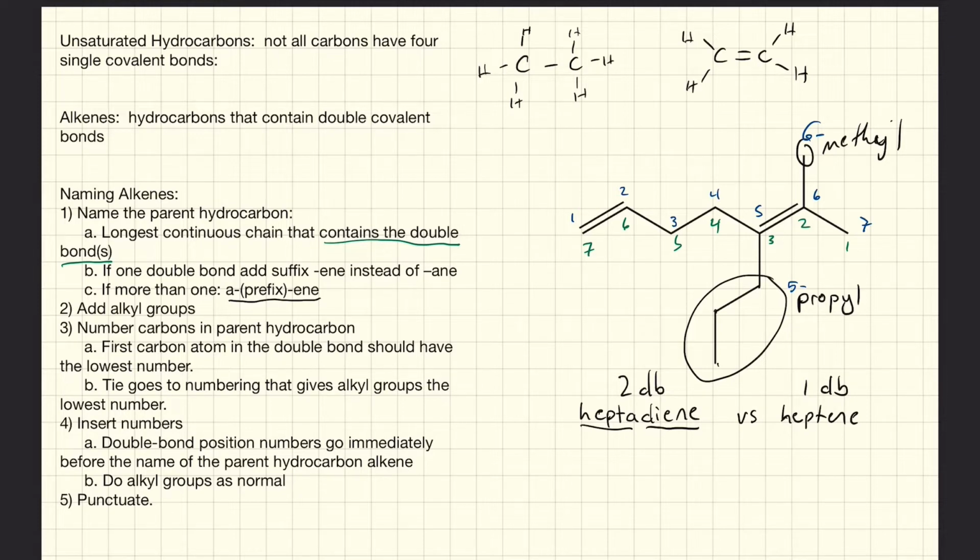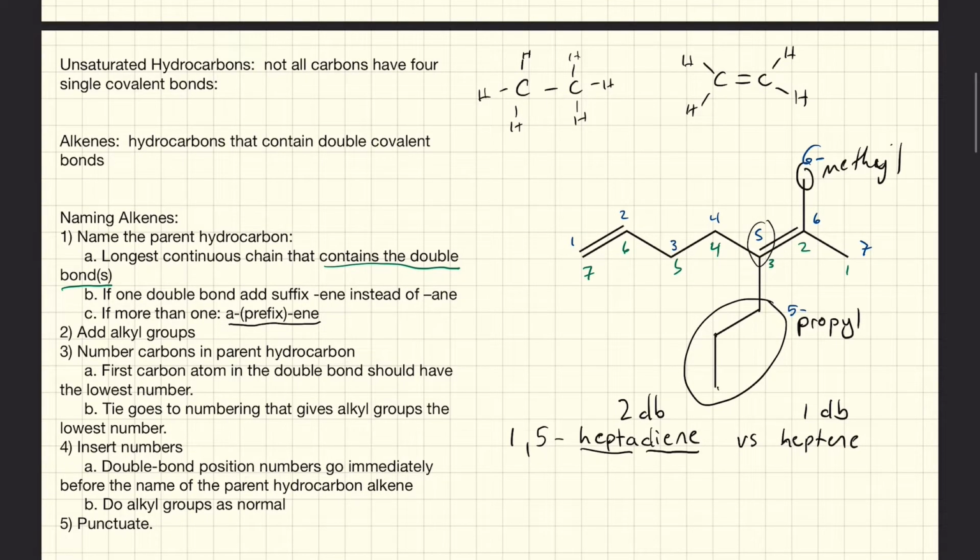Now, the thing that's a little tricky here is that we also have to indicate the positions of our double bonds. Okay, and the double bond position numbers go immediately before the name of the parent hydrocarbon, and they're just named based on the first carbon in the double bond. Okay, so as I look at this one, my first double bond starts at carbon 1, so this is a 1, and then the next one comes over here at 5, right? So it's a 1,5 heptadiene.